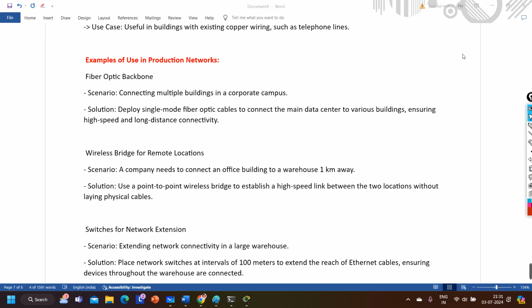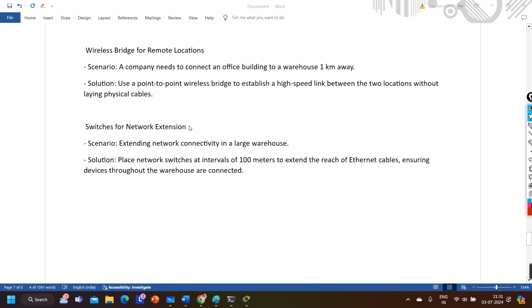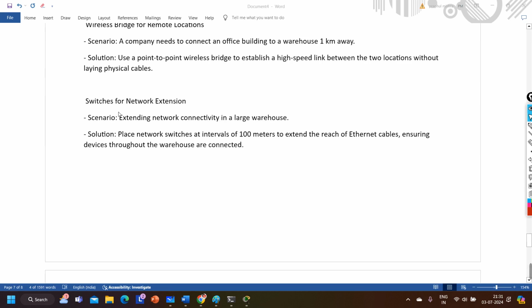Connecting multiple buildings to a data center, we are using optical fiber, single mode optical fiber, or to connect buildings together I can use multi-mode cable, and to connect all buildings to the data center I can use single mode, right? Then the wireless bridge is also clear.